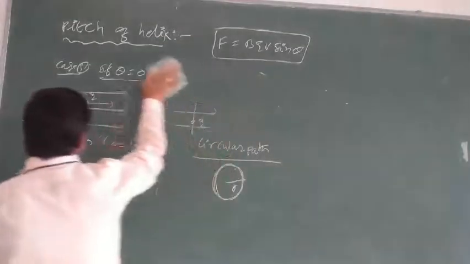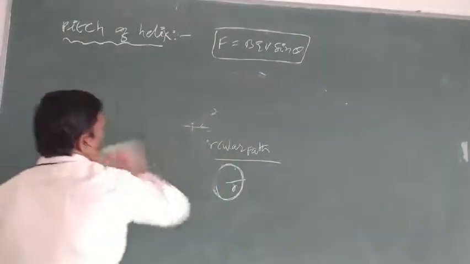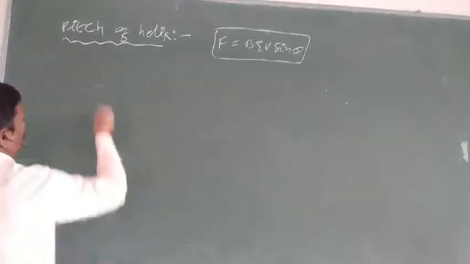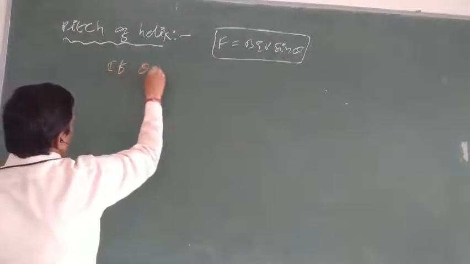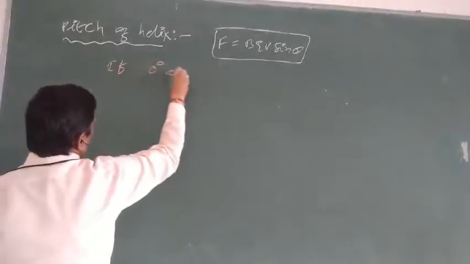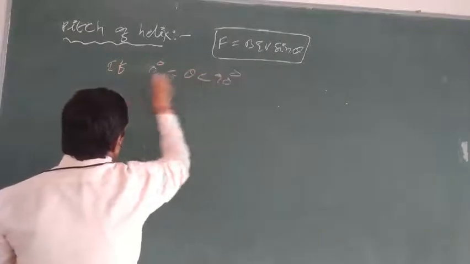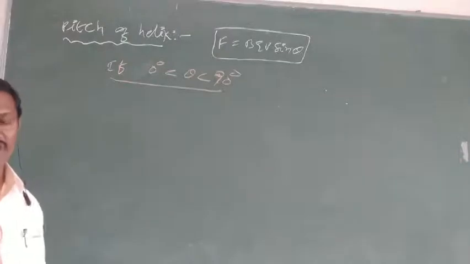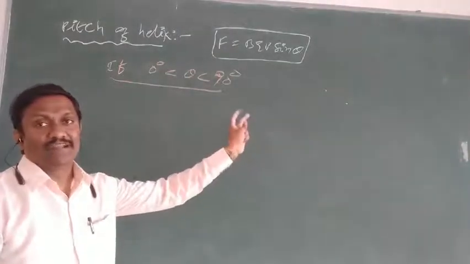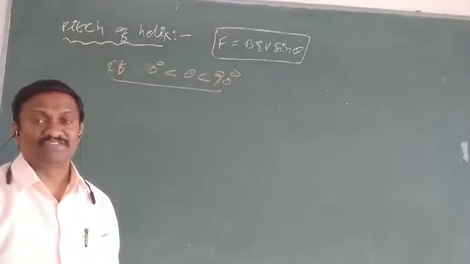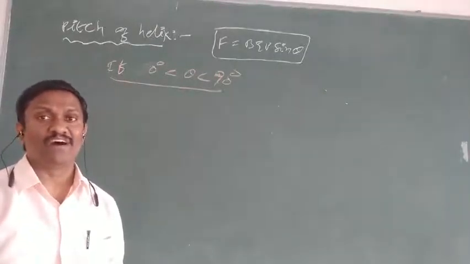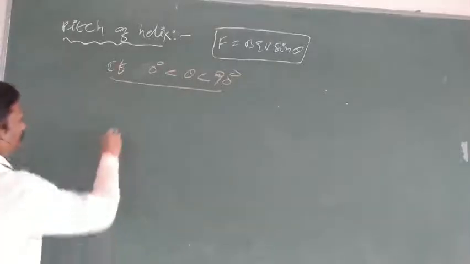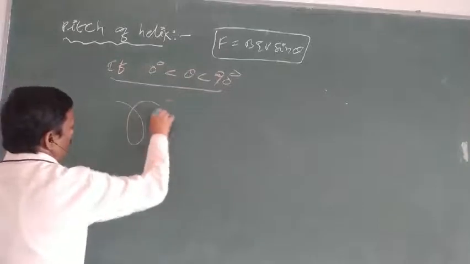Now pitch of helix is related to a theta value other than 0 and 90. If theta value lies between 0 and 90, other than 0 and 90, where 0 means a straight linear path and 90 means a circular path, then the particle follows a linear plus circular path, that means a variable circular path.